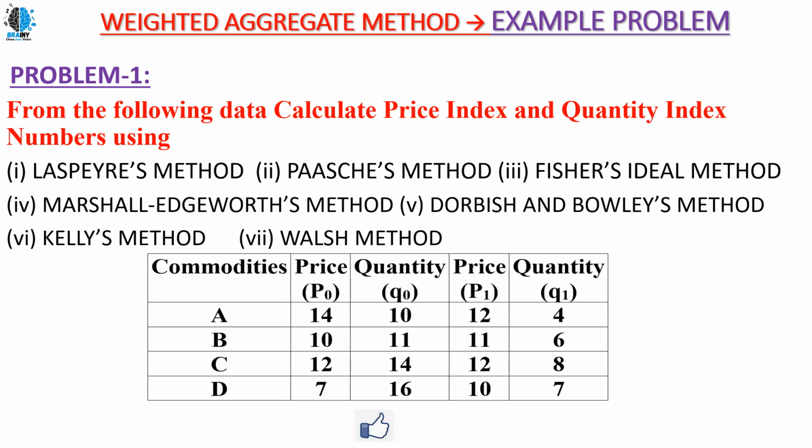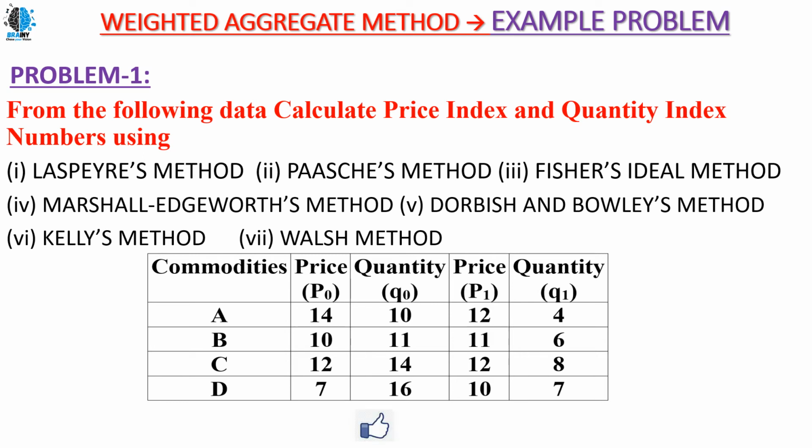Here is the tabulation. Some commodities are given: A, B, C, D. Their base year price, base year quantity, current year quantity, as well as current year price are given. Using this data, we have to find out all 7 index numbers.